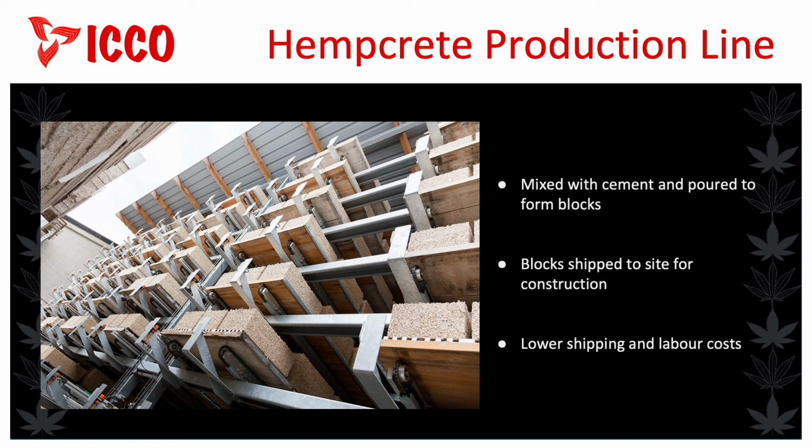The Hempcrete could be poured into wall forms, for example, to achieve the result of a high thermal efficiency rating with light weight. The fiber can be mixed with the cement and poured into forms to make blocks. These blocks are then shipped to the site for constructing a building. As was mentioned in a previous session, these lighter blocks result in lower shipping and labor costs.